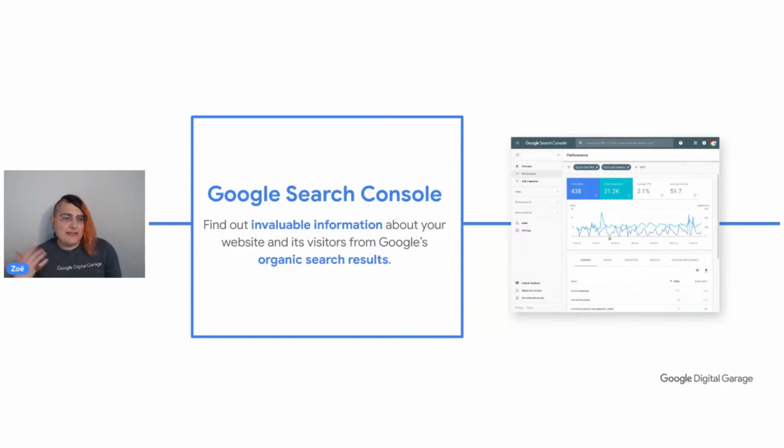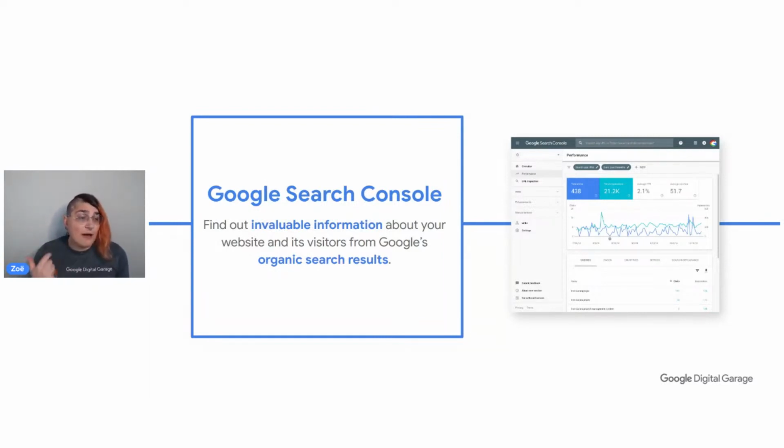So, for example, if you sold running shoes, as a classic example that we use a lot, maybe you go into Google Search Console and you see that the things people are typing into Google are running shoes, shoes for running, athletic shoes, trainers, exercise shoes, all of these different terms.